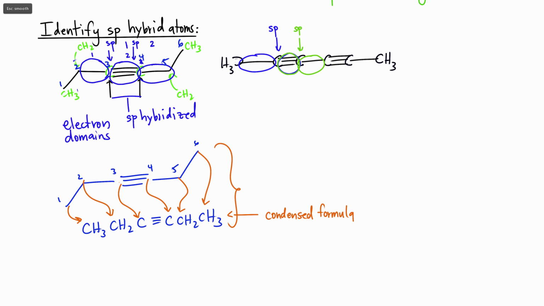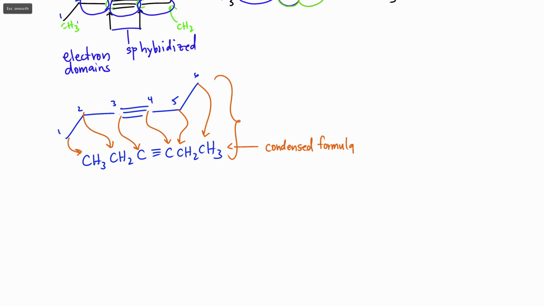Okay, now if we write the expanded Lewis structure, so we have again 1, 2, 3, 4, 5, 6 carbons. Between carbon 3 and 4 goes your triple bond. And we just backfill with hydrogens.